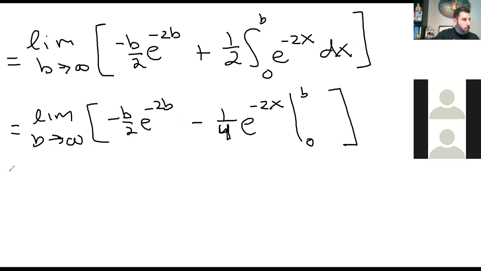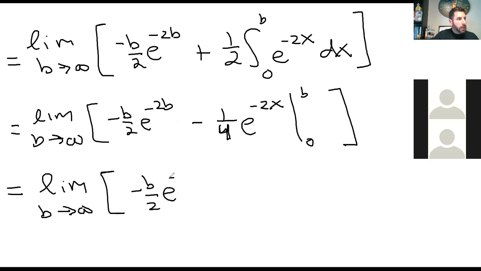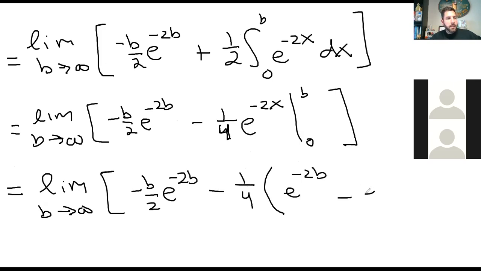And with that being said, we have to plug in our b. So I'm going to be very careful here. I'm going to put negative 1/4, and now I'm going to plug in my bounds. So I get e to the negative 2b, and then I get minus e to the 0. Does anybody have a question about this?